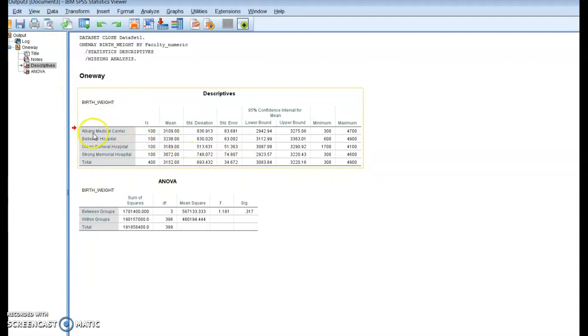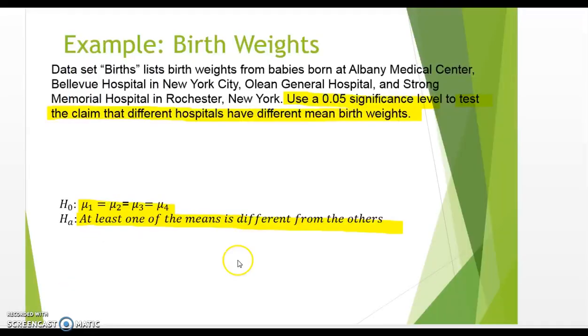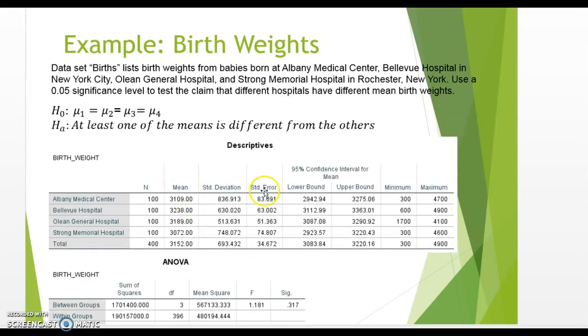For example, at Albany Medical Center the average weight is 3109, and I think the unit is grams. Bellevue Hospital is 3238, Olean General Hospital is 3189, and Strong Memorial Hospital's mean birth weight is 3072 grams.